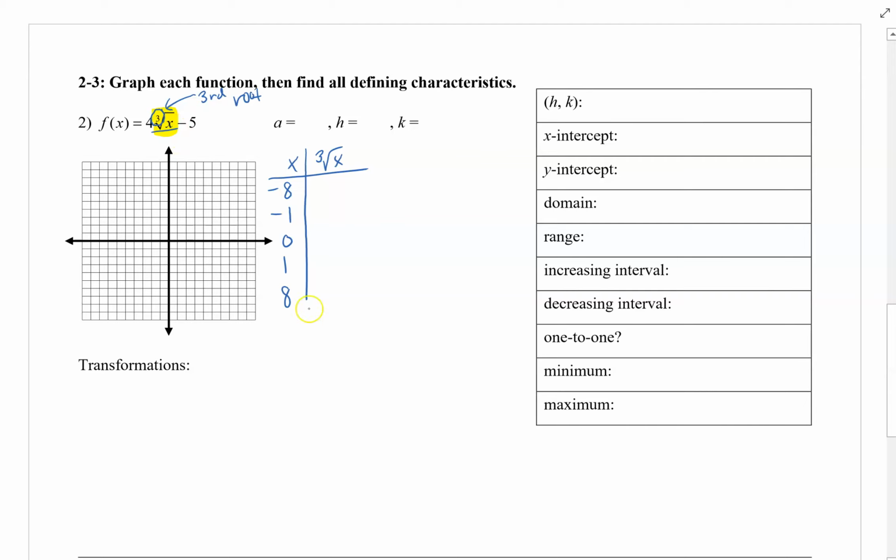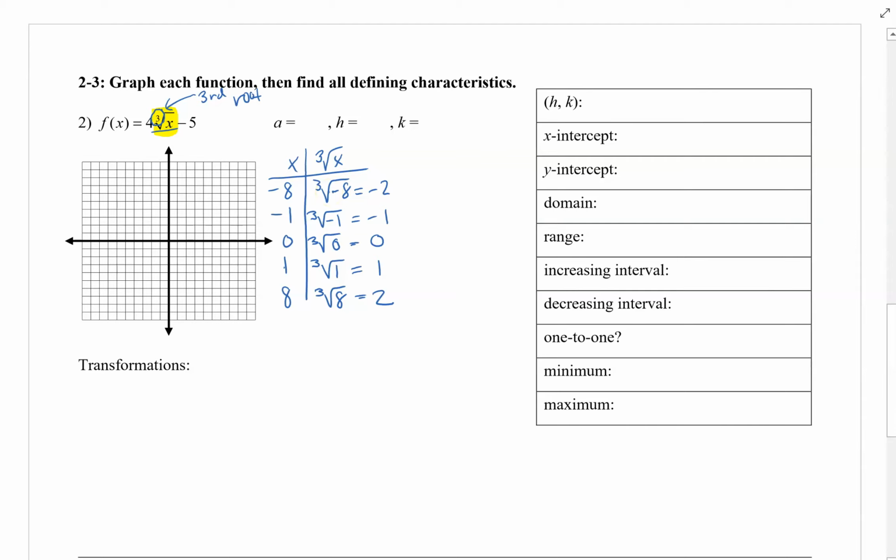Okay, so I've identified my parent function as the cube root. I've plugged in numbers that I can easily take the cube root of. I've plugged in a few positives and a few negatives because I can, therefore I should. And then I take their cube roots to get my y values. So what I have here are the points for the parent function.